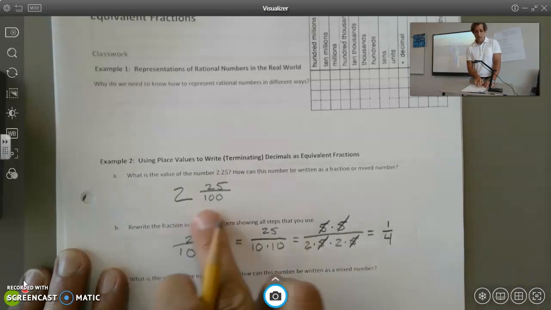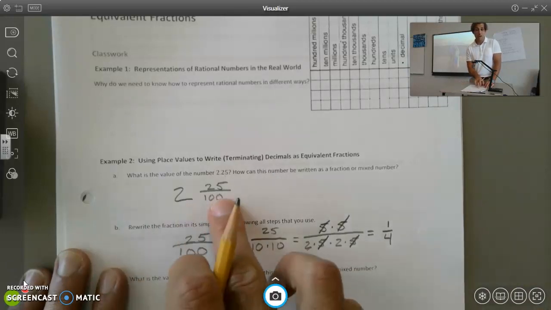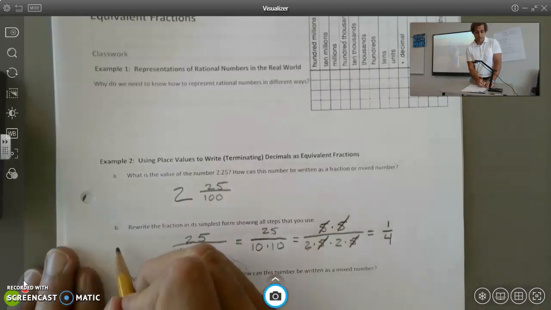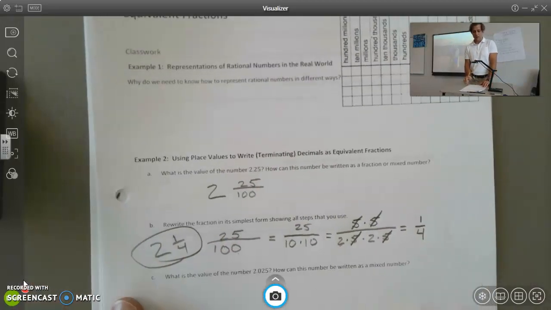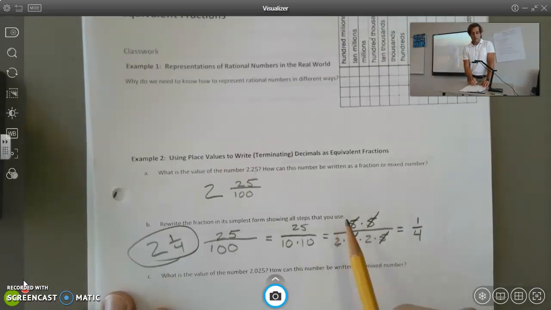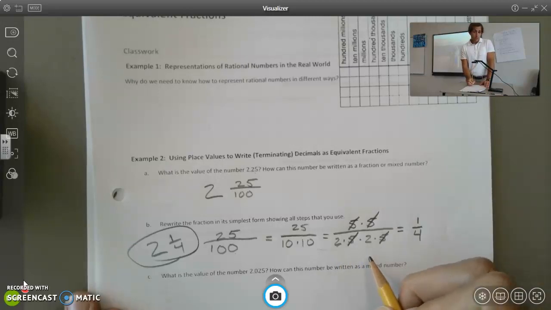So this value, 2 and 25 hundredths, is the same as 2 and 1/4. And we simplify that by creating powers of 10 in the denominator and then looking at the prime factorization, so factoring them down into prime numbers. Specifically, those prime numbers are going to be 2s and 5s.